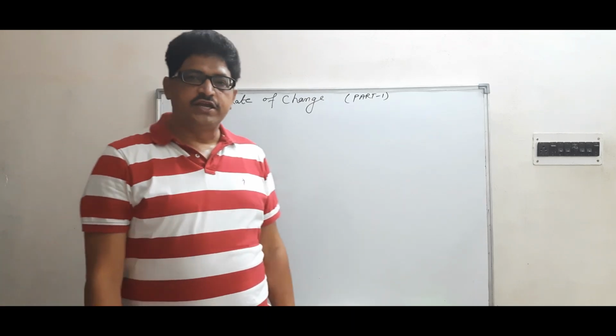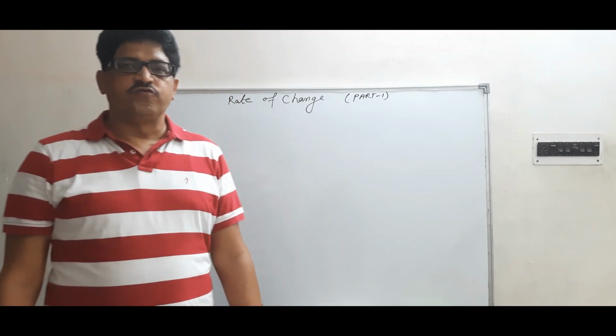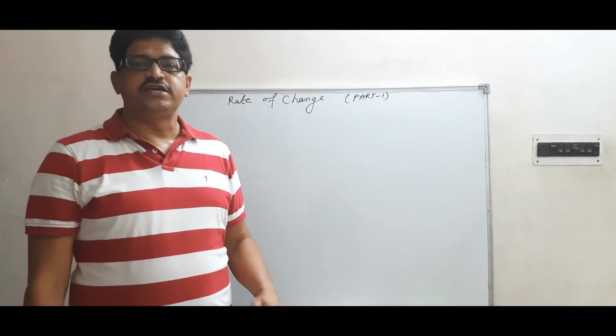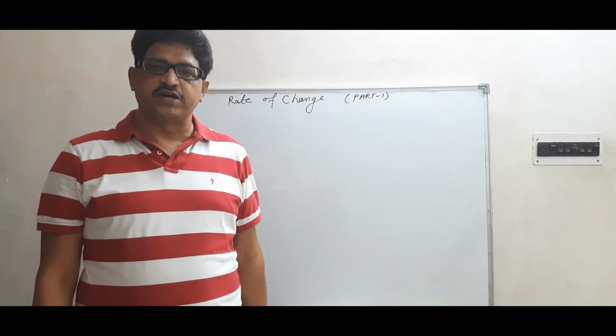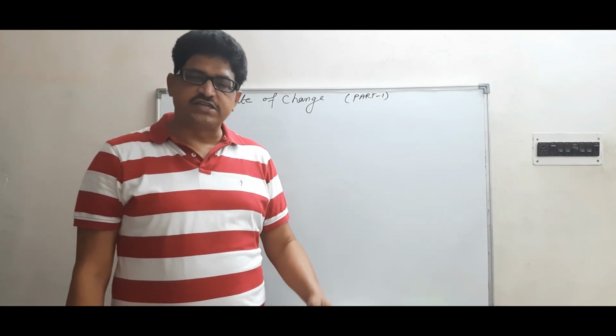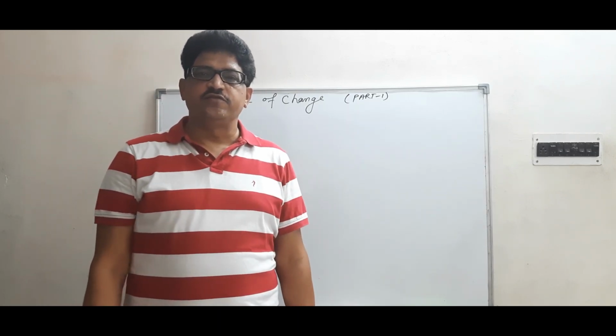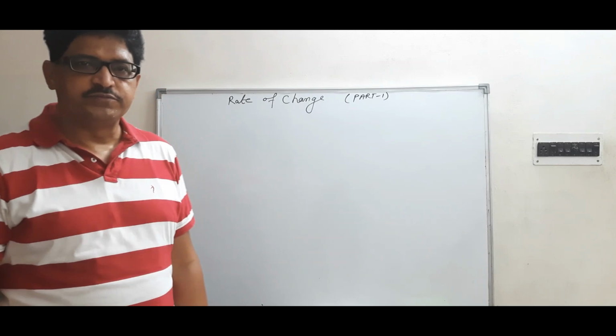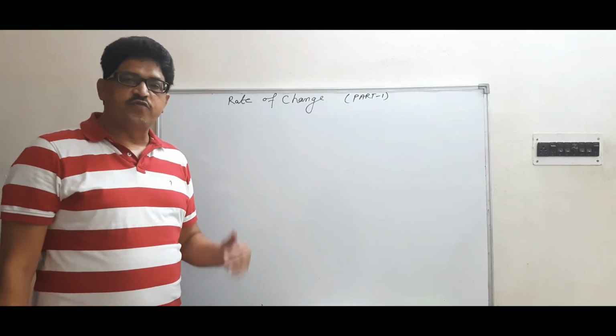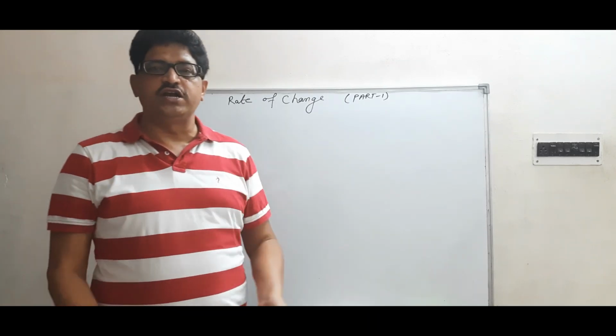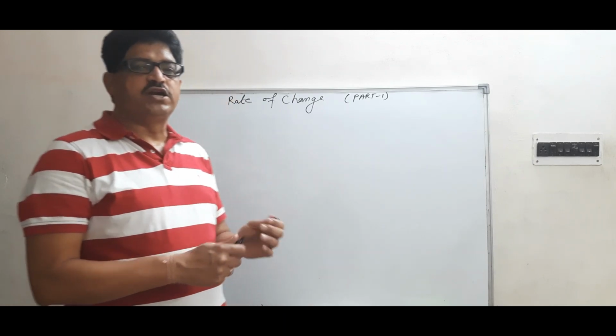As you know that in science, velocity is the change in displacement with respect to time. Acceleration is change in velocity with respect to time. So same way, here we have to find out change in one quantity with respect to the other quantity.